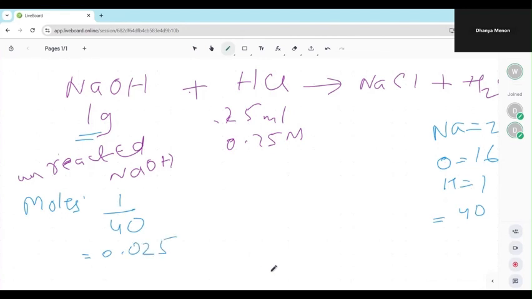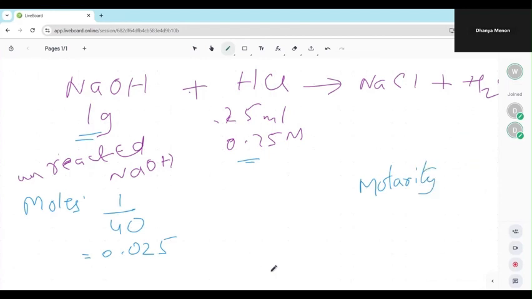For HCl, we can find it directly because molarity times volume in liters will give you the moles directly.